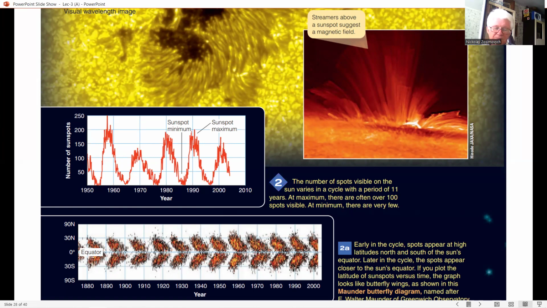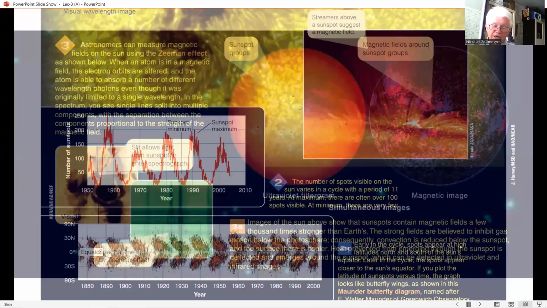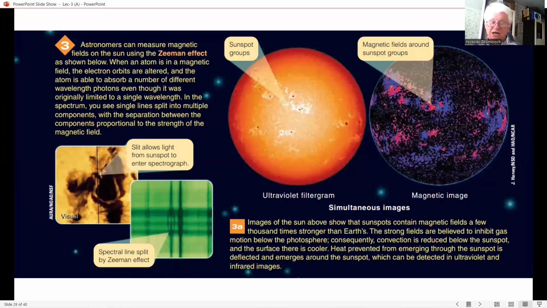The Maunder butterfly diagram shows how the location of sunspots changes during a cycle. Third, the Zeeman effect gives astronomers a way to measure the strength of magnetic field on the sun and provides evidence that sunspots contain strong magnetic field.